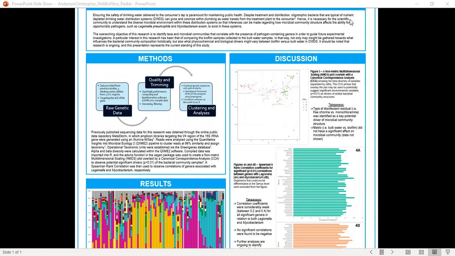This makes sense as free chlorine and monochloramine residuals are typically opposing treatment methods. In other words, you don't ever have a free chlorine residual and a monochloramine residual at the same time. It's usually one or the other.